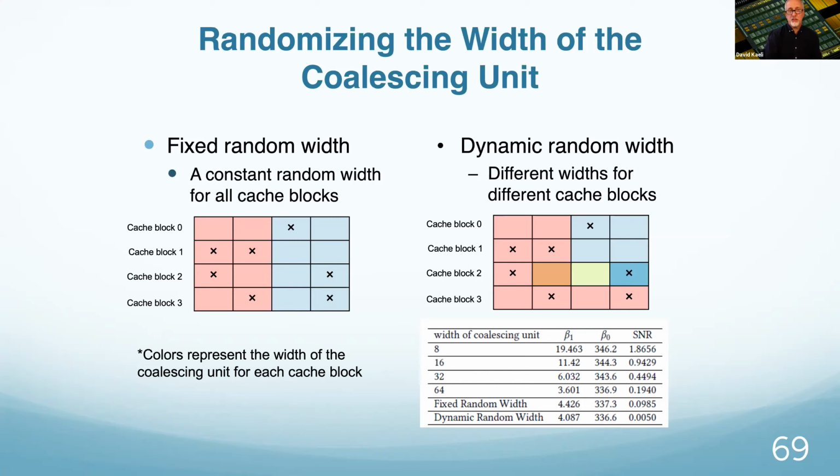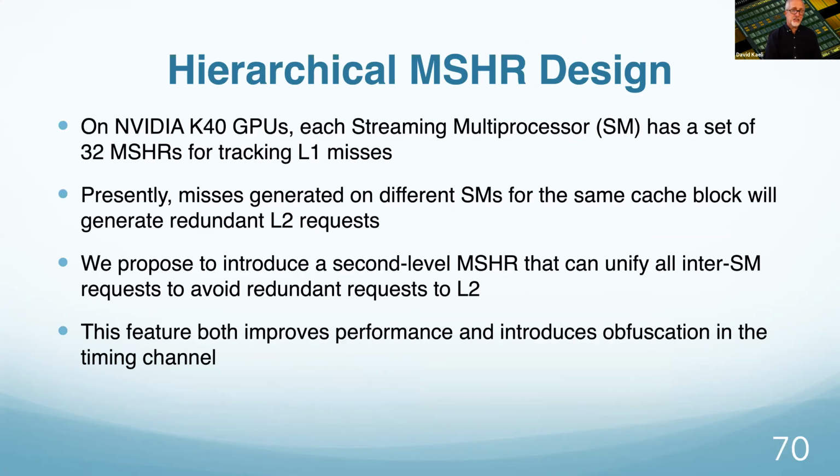We've also looked at a design where we have a hierarchical MSHR. We've implemented this in simulation on a Kepler K40, and we have a set of 32 MSHRs for tracking the L1 misses. We're looking at how many different misses are generated to produce redundant L2 requests.